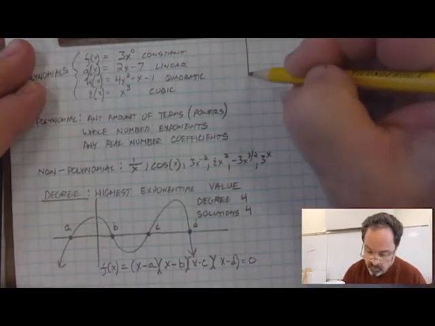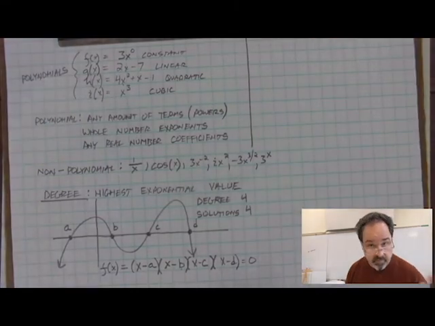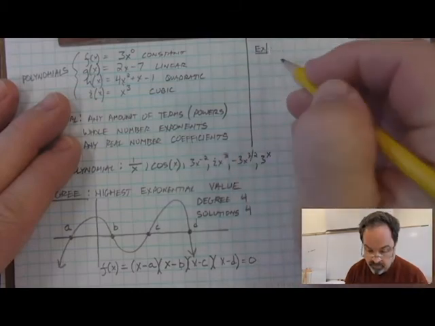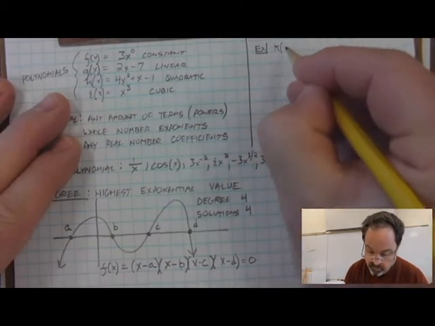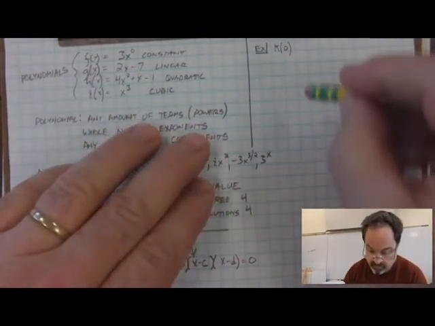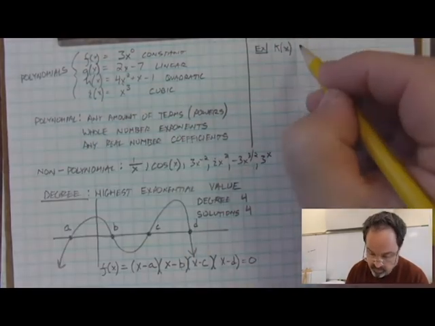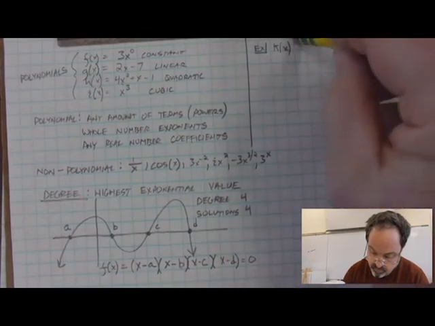We could also go in the opposite direction with that logic. For example, if I start with the equation of a polynomial, in this case, I'm going to call the polynomial k, and I'm going to have its factored form.